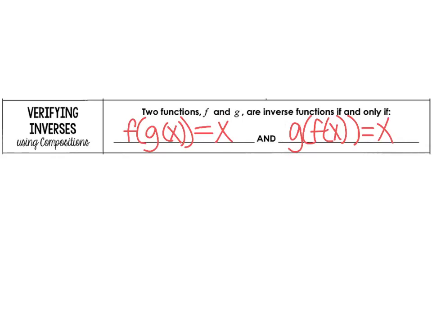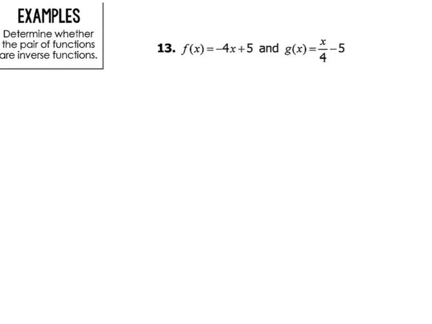So let's see exactly how to do this. In order for us to determine whether the pair of functions are inverse functions, we're going to use composition of functions. So we know that f of g of x has to equal x, and g of f of x must equal x as well.